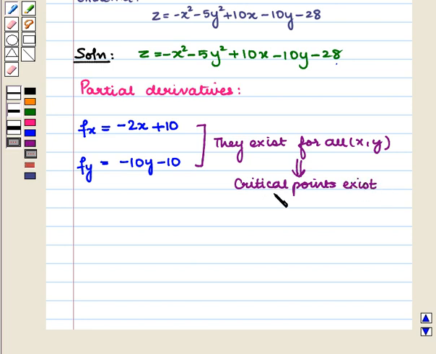Now let us find the critical points. For this, we put both partial derivatives equal to 0 and evaluate for x and y. So we have minus 2x plus 10 is equal to 0 and minus 10y minus 10 is equal to 0.